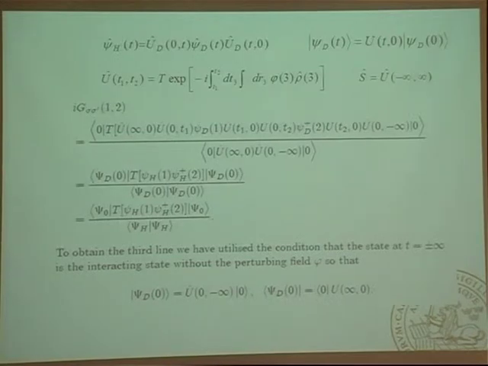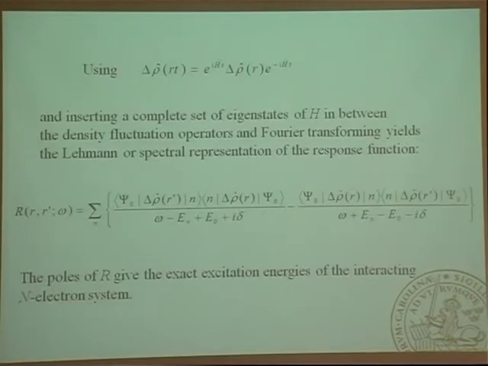But let me just skip this. And then you could also get the spectral representations of the response function simply by using the usual procedure of inserting a complete set of eigenstates of the Hamiltonian in between the density fluctuation operators here, and then do Fourier transform, like what we did yesterday in the lecture of Vijay.